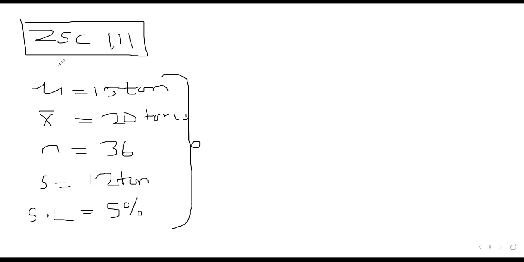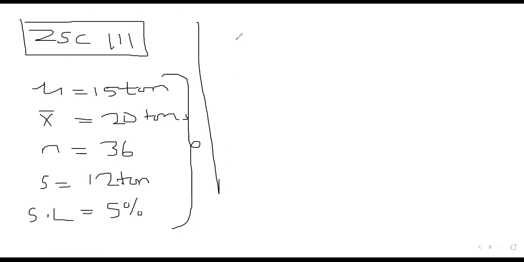So I repeat, it is believed that when you use ordinary seed, you yield 15 tons. So 15 tons is a historical mean. It is mu, it is not calculated, it is an assumption. Then X bar is actually calculated. After you sampled this new seed in 36 plots, it was able to yield 20 tons with a standard deviation of 12. Can we conclude that this new seed is effective?